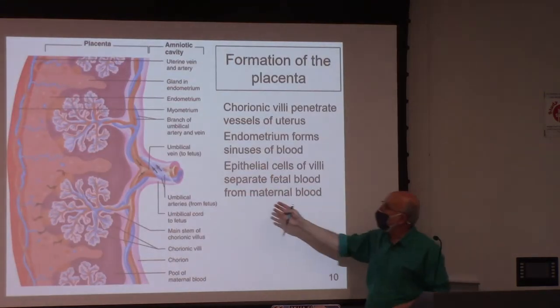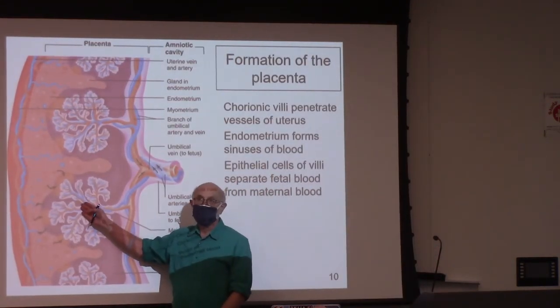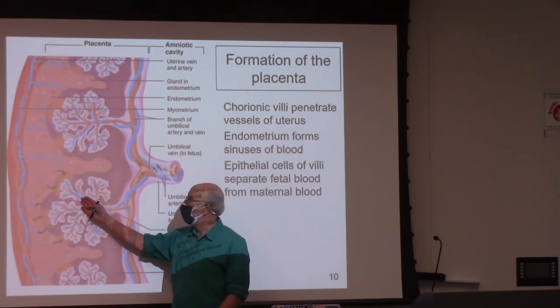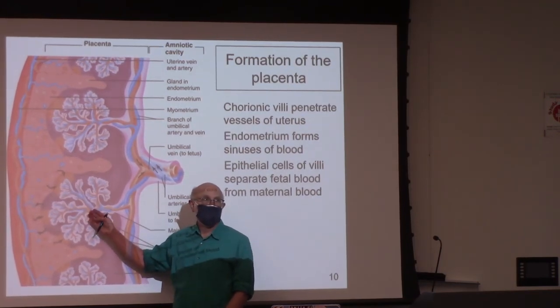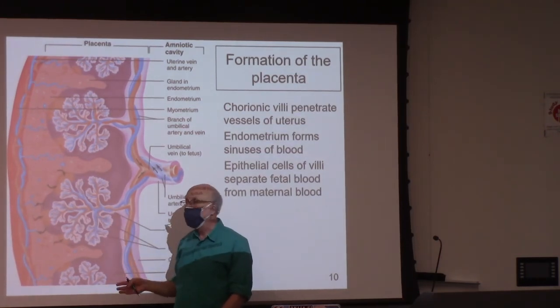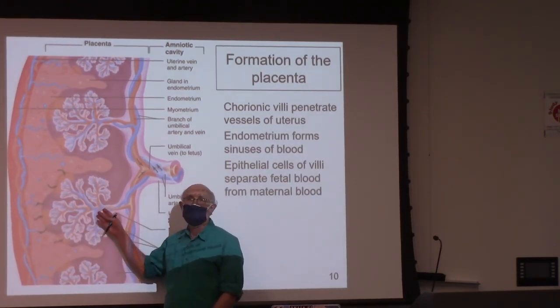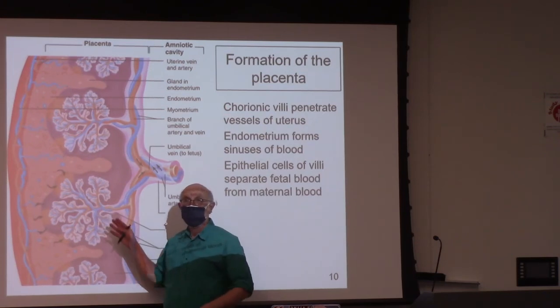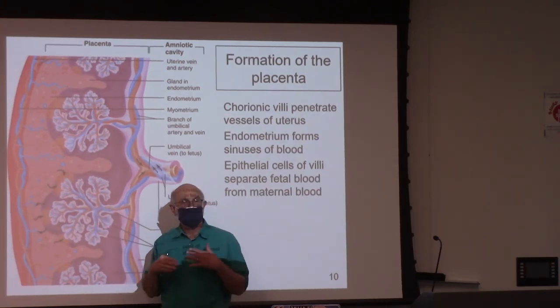You can also sample the chorion to get fetal blood cells. There is now a procedure called chorionic villus sampling. It is also somewhat risky because you're getting a probe or a needle of some kind into the chorion, and there's always a risk when you're doing something invasive like that.